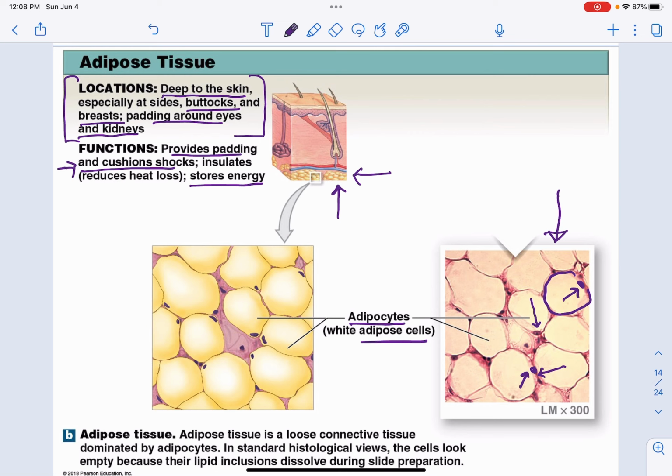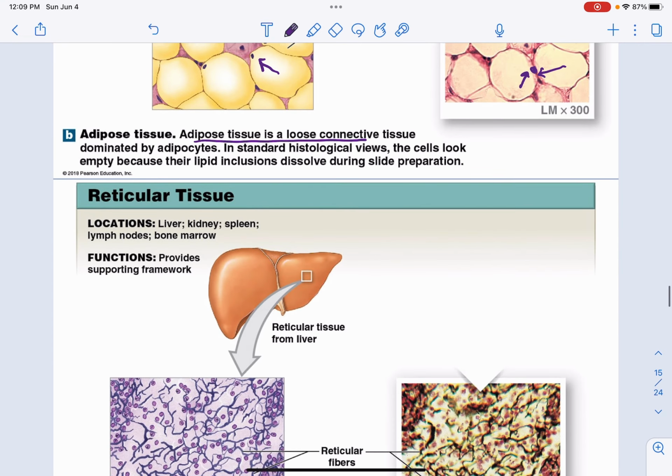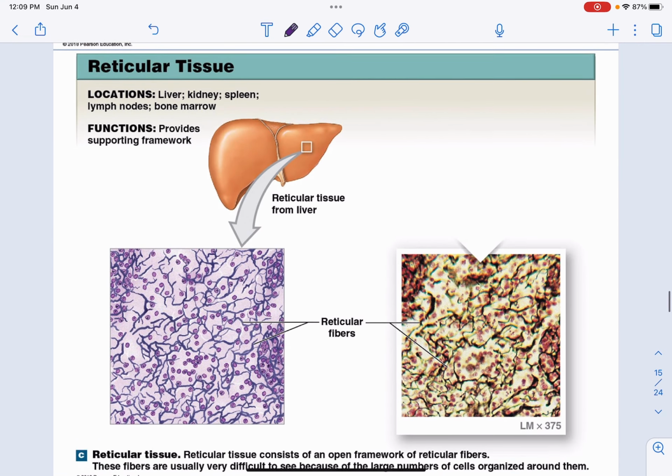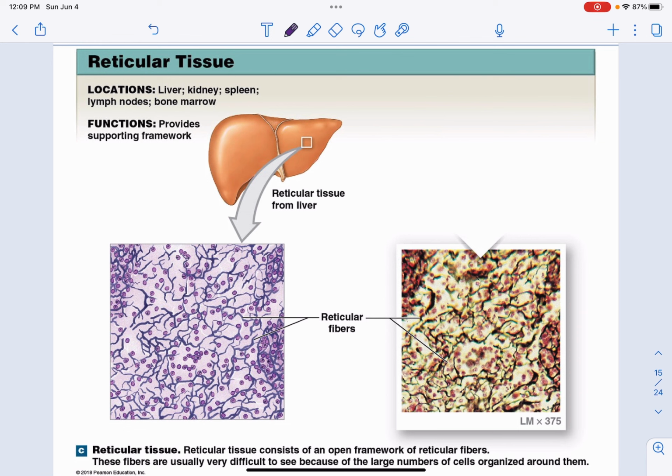So again, this is a loose connective tissue. It's dominated by adipocytes, and you can see that there is so much lipid and fat within the cell that it pushes the nucleus and the organelles off to one side. All right, and then the last type of loose connective tissue is called reticular tissue.